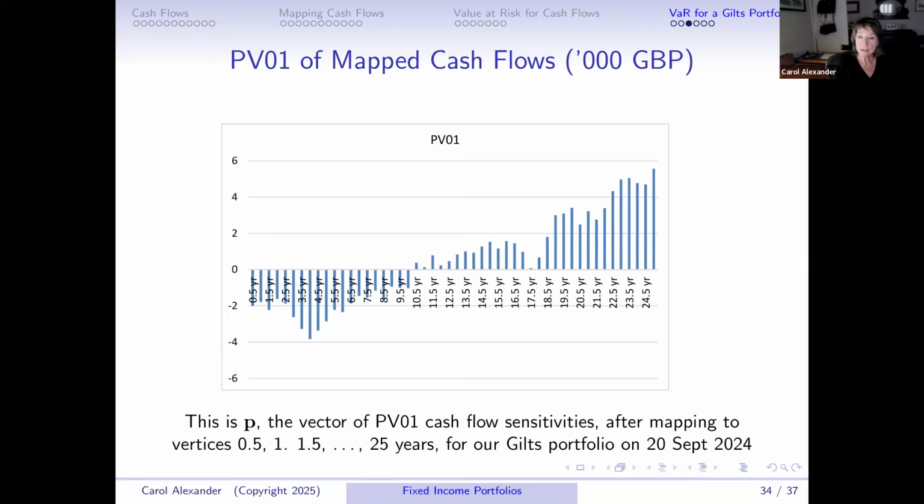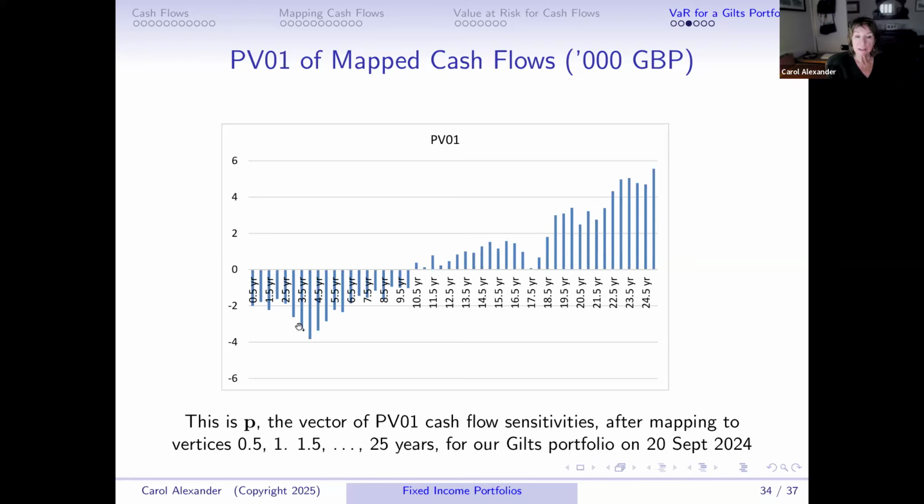So suppose all these interest rates increase by 1 basis point. Of course they don't, but suppose the whole yield curve shifted up 1 basis point, then we would lose $2,000 on the mapped cash flow to the 6 months, we'd lose nearly $2,000 on the mapped cash flow to the 1 year.